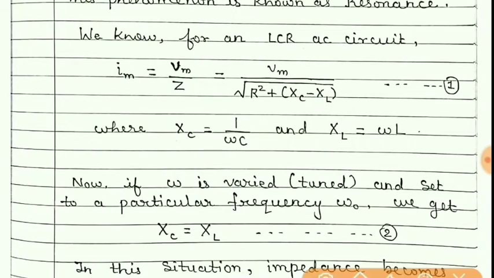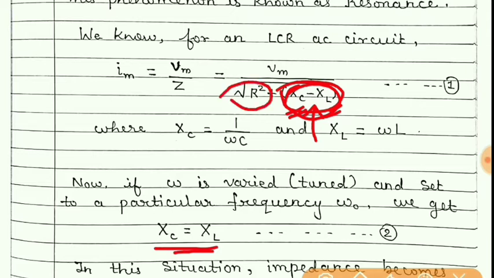So now applying this condition in equation number 1, if Xc is equal to XL and there is a minus in between, this term will become 0. So what will remain?